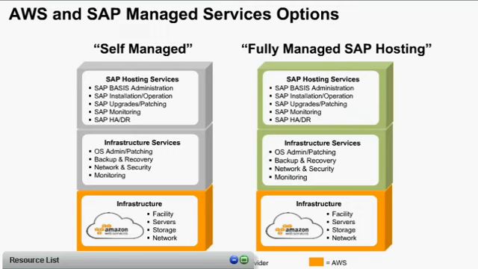So let's talk a little bit about the delineation between what it is that AWS provides and where the partner may fit and where the customer may fit. So at the bottom here you see in orange the infrastructure. So AWS provides the facility and all the compute, the servers, the storage, all the security around that, and then the hypervisor layer, the virtualization layer.